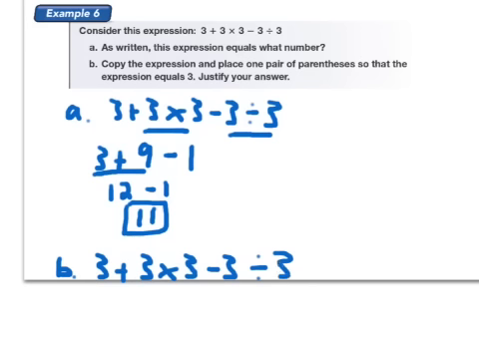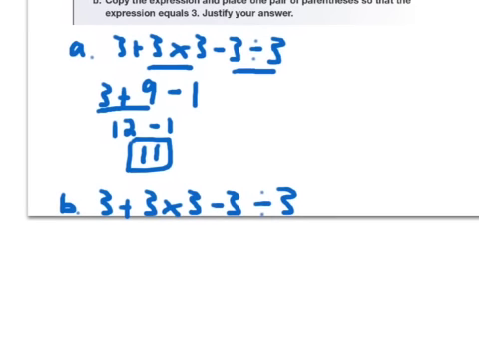We want to put parentheses somewhere so that if we solved it, the answer would equal 3. So, for example, if I put parentheses around 3 plus 3, okay? So let's say I rewrote the expression like this. 3 plus 3 in parentheses times 3 minus 3 divided by 3.